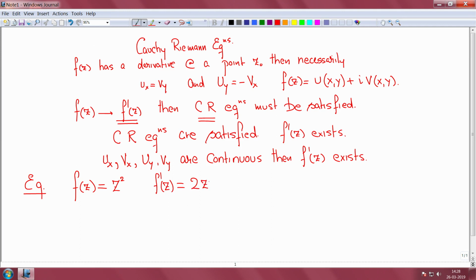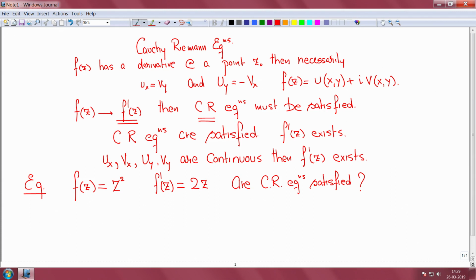It is already known. So, it is analytic, it has a derivative. Then we check whether the CR equations are satisfied.